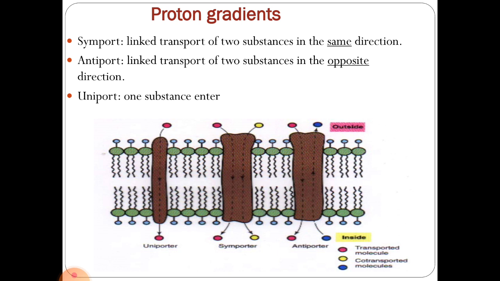In uniport we can see one molecule entering the cell, whereas in symport we can see red and yellow, two molecules, being transported into the cell simultaneously. In antiport we can see that the red molecule is entering the cell, at the same time blue is exiting the cell.